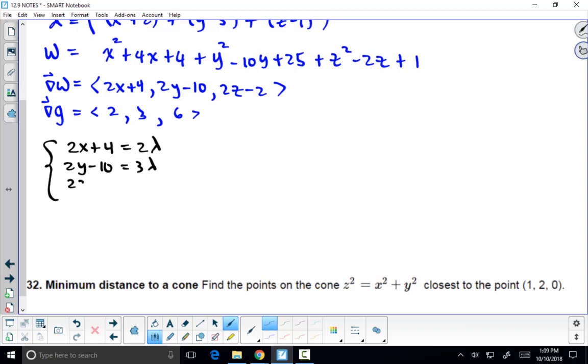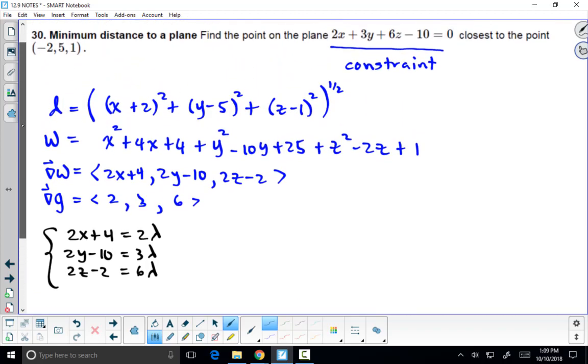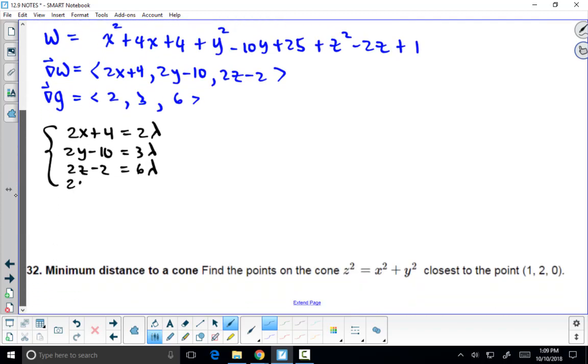And then we use our constraint as our final equation, and that was 2x plus 3y plus 6z minus 10. So 2x plus 3y plus 6z equals 10. Let's put the 10 on the other side. Okay, so those are our 4 equations. We have 4 unknowns.